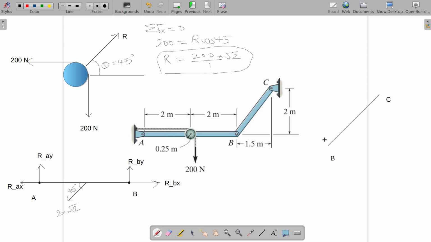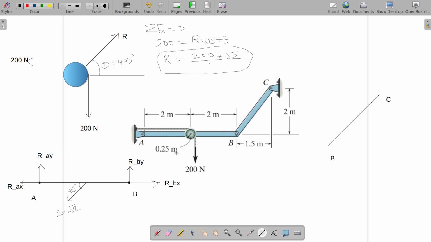So if it acts like a truss member, the direction of the force can only be in the direction of BC. But however, since we are taking RBY and RBX components here, let's draw the same thing here. That will be easier for us.